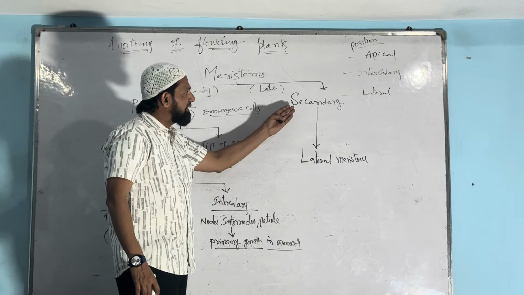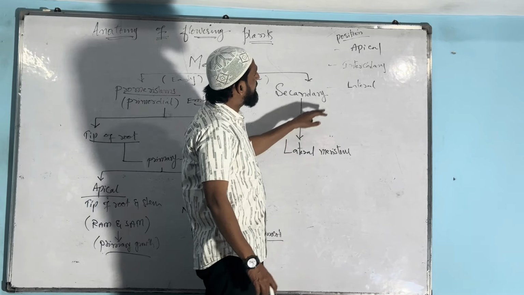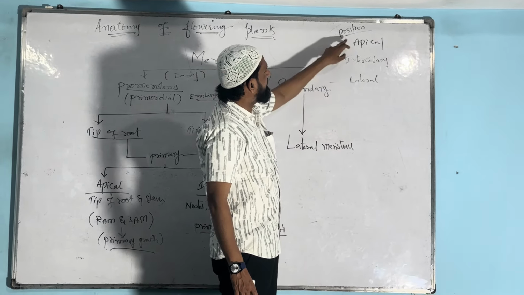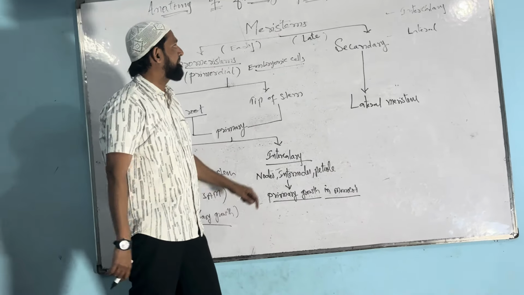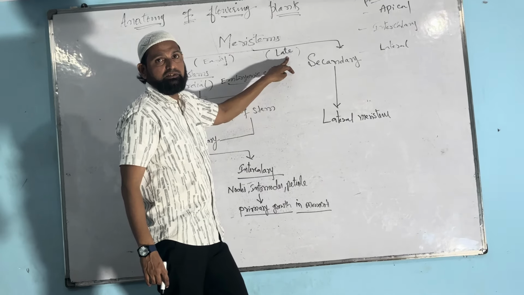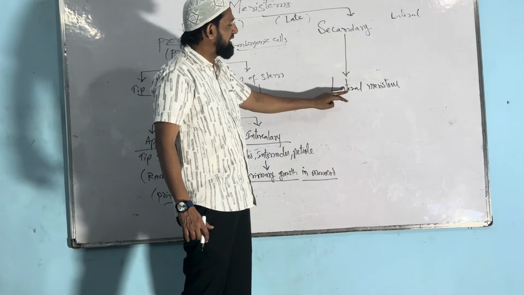Now we'll come to the next one. Lateral meristem. Lateral is also based on position, the third type. Now see here, late formation of the tissue, that is, meristems that are secondary. Based on location, lateral.